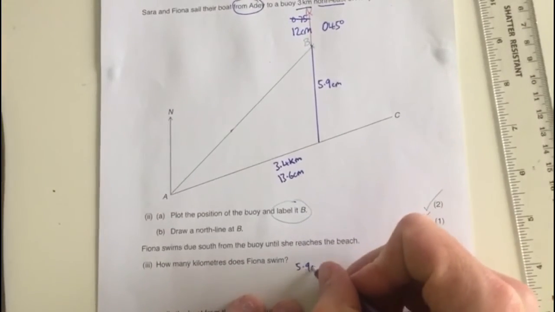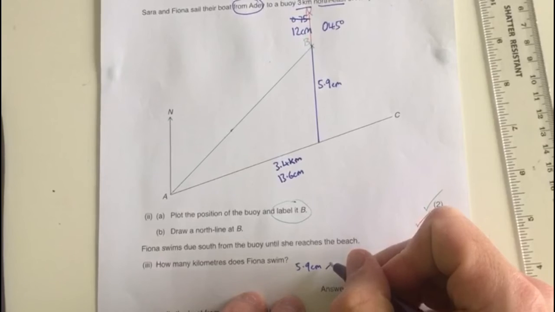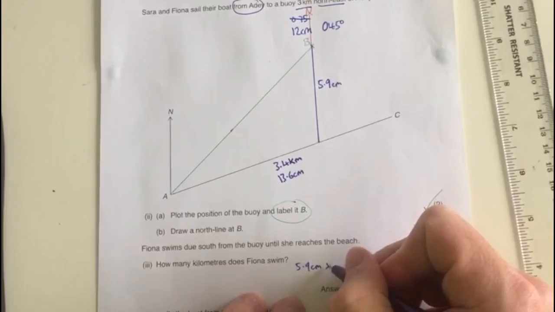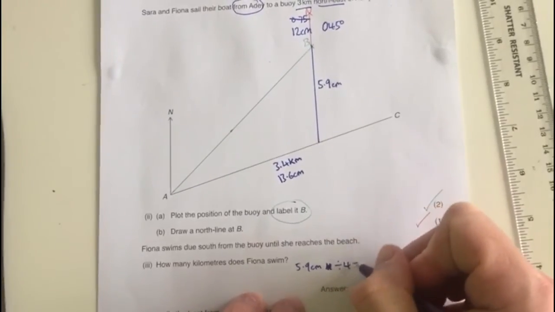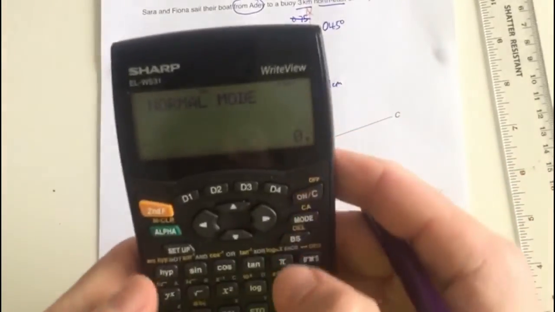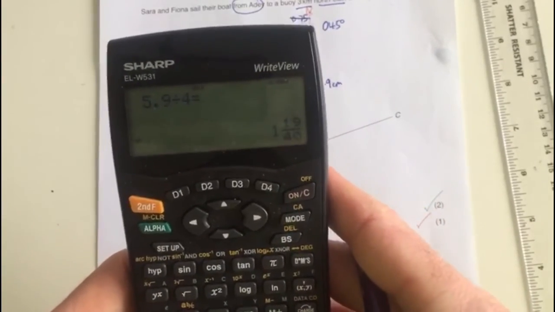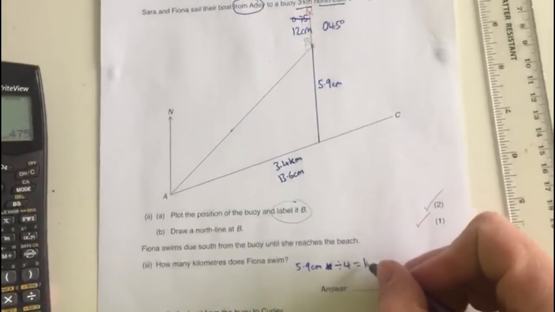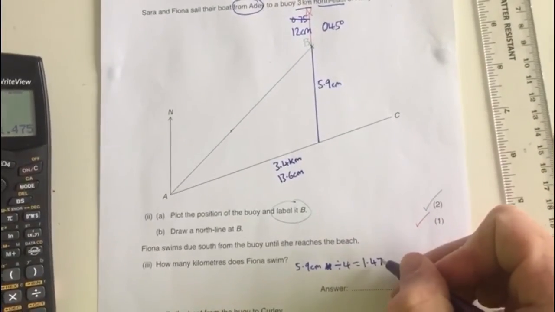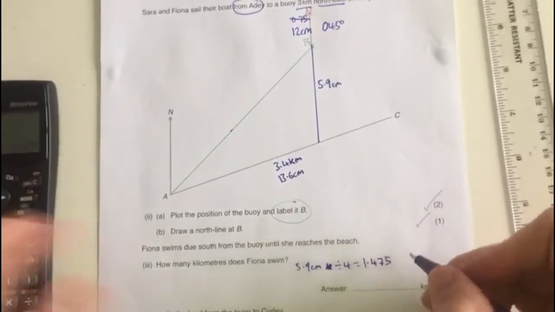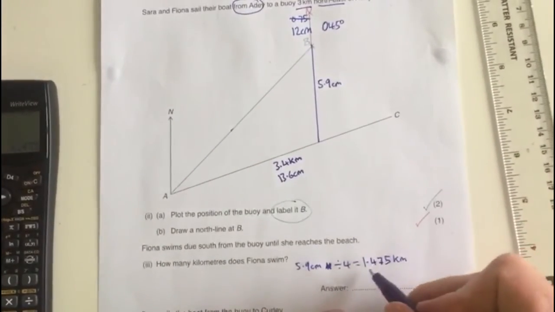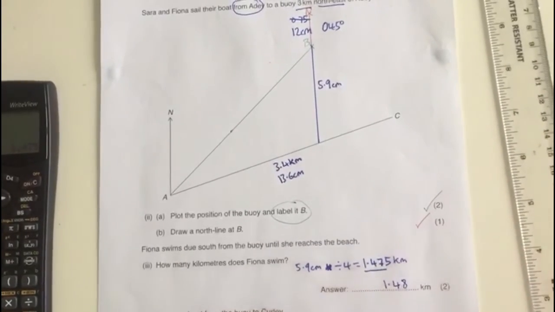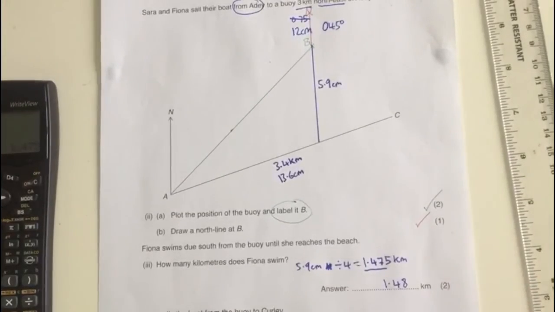And 5.9 centimetres, we need to times it by 0.75, or sorry, easier to say, divide by 4. 5.9 divided by 4 equals 1.475 kilometres. And 3 significant figures is going to be 1.48, because the 5 rounds up. Don't forget your 3 significant figures.